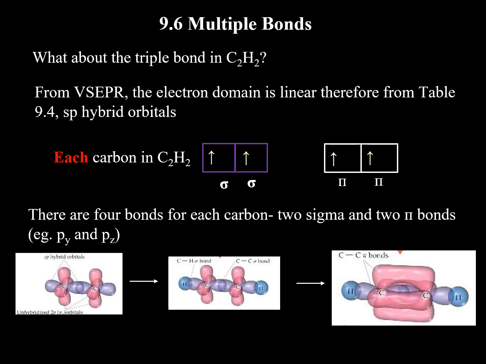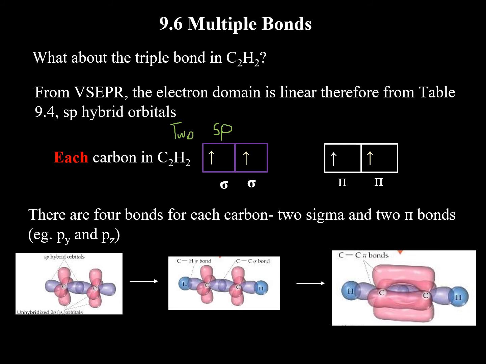We take it a step further and now look at a triple bond. It's sp. Again, we look at the carbons, carbon 1 and carbon 2. The carbon electron configuration is 1s2, 2s2, 2p2. So an s and a p come together to make two sp hybrids.